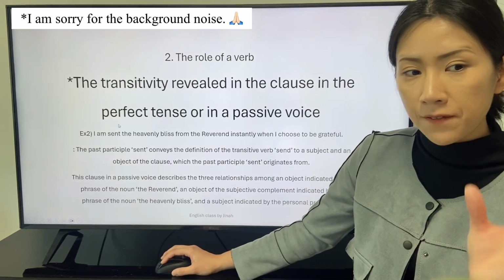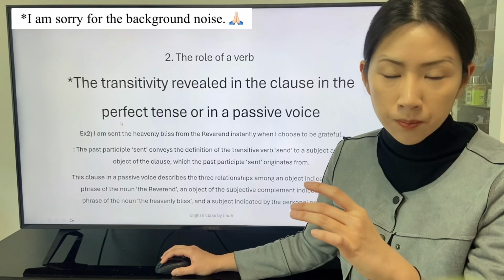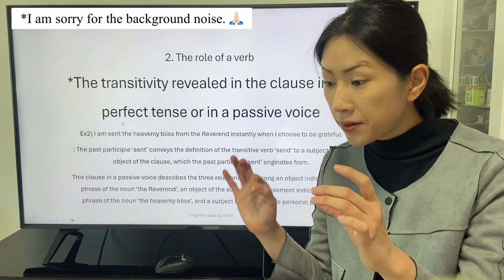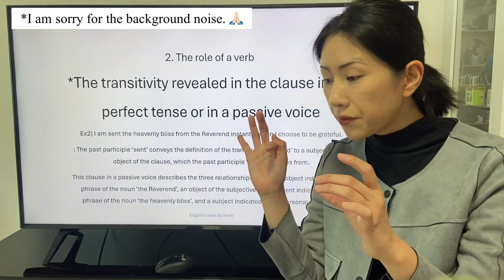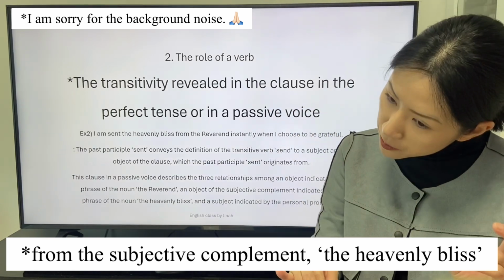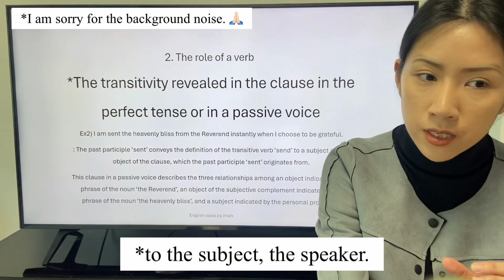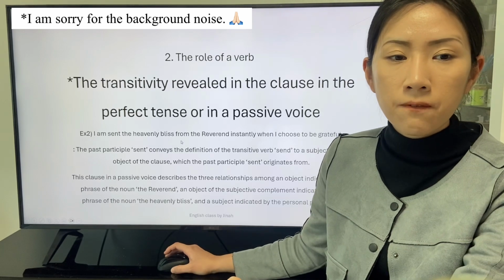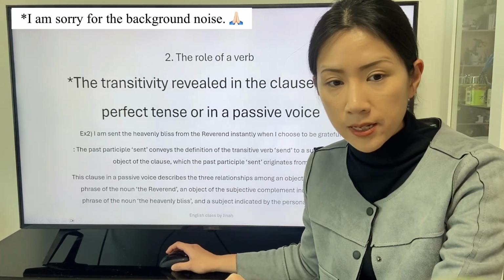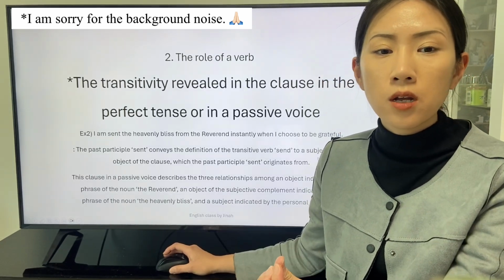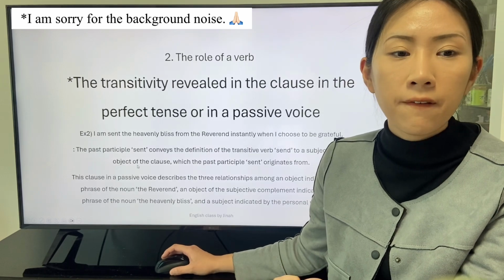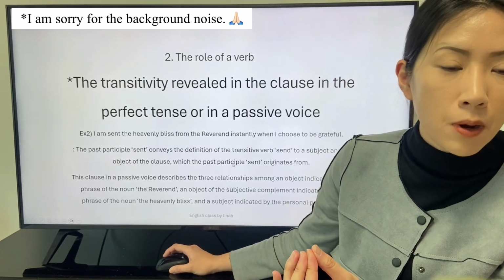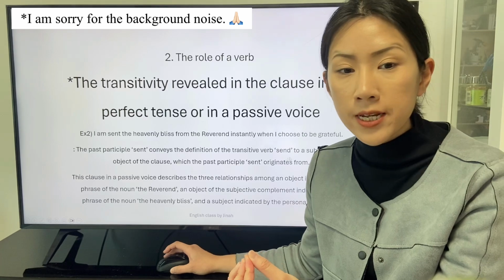The definition of the past participle sent describes the interaction. The past participle sent conveys the definition of the transitive verb sent to a subject and an object of the clause which the past participle sent originates from.